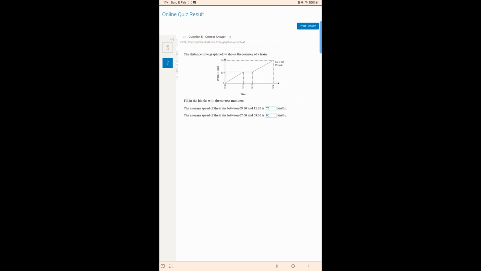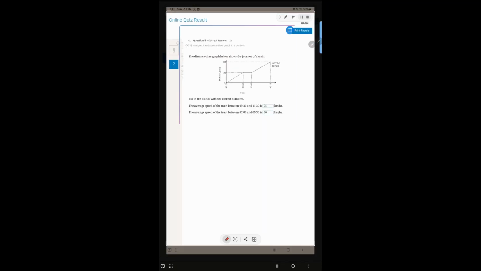For question number 5, they want the average speed between 9:30 and 11:30. So the formula for speed is distance over time, or in this case, average speed is delta distance over delta time. Between 9:30 and 11:30 here, the distance covered is between 150 and 300.